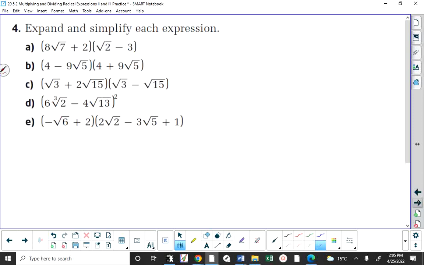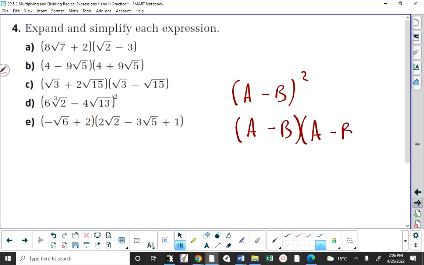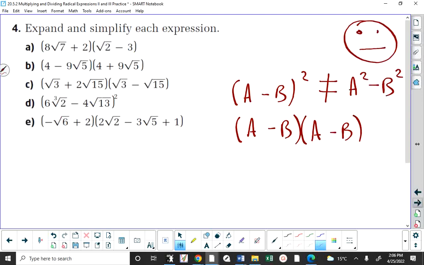Okay. So the thing is, if you had A minus B quantity squared, we have learned that you have to take A minus B times A minus B. You cannot, and I'll make this abundantly clear, you cannot do that.